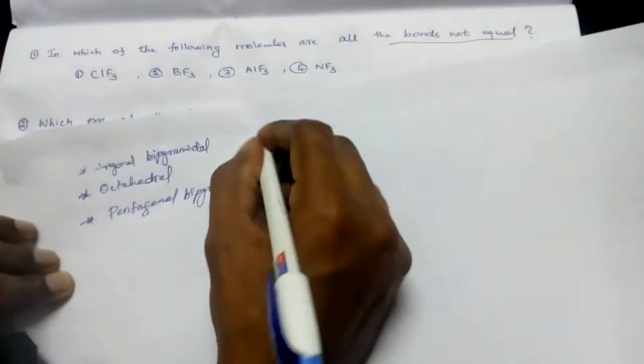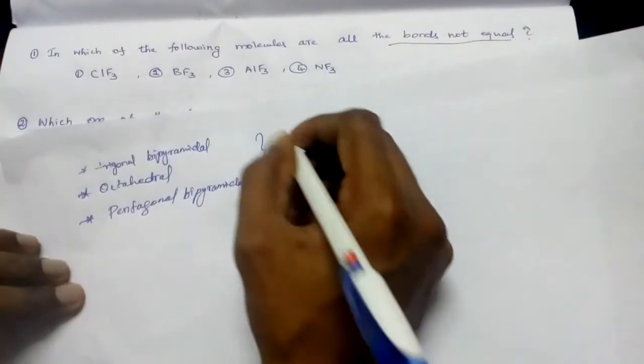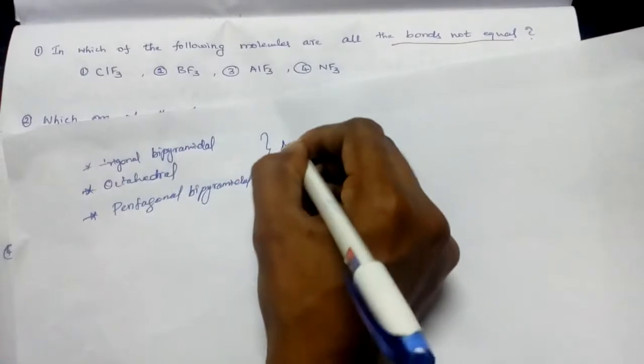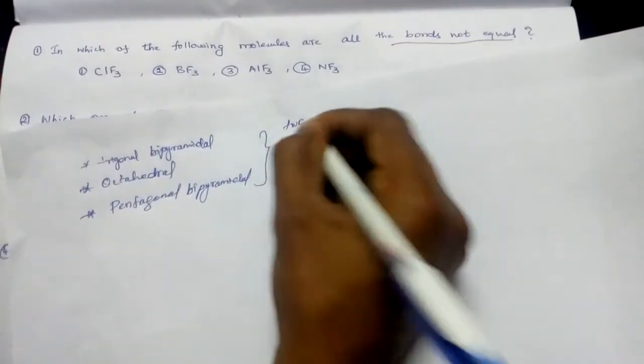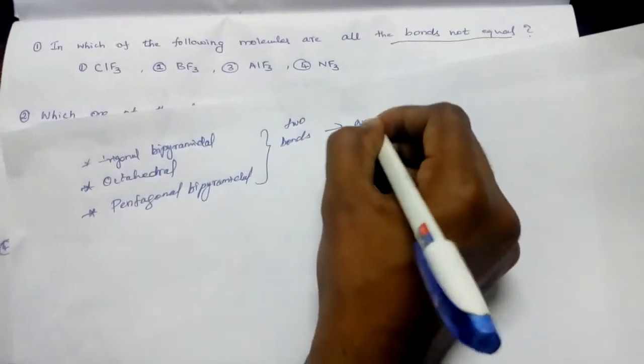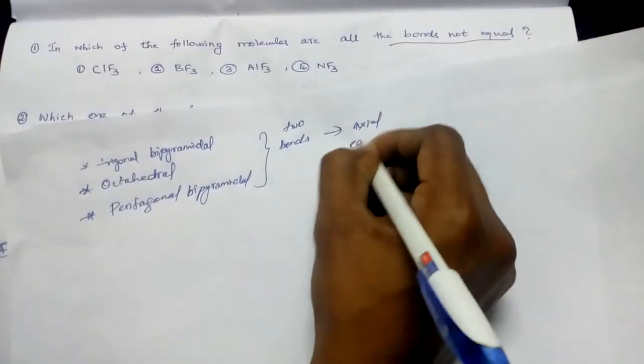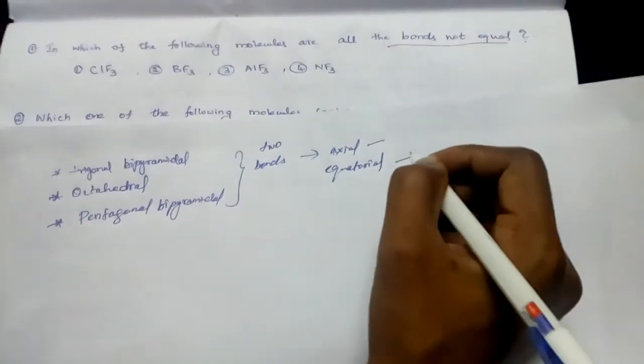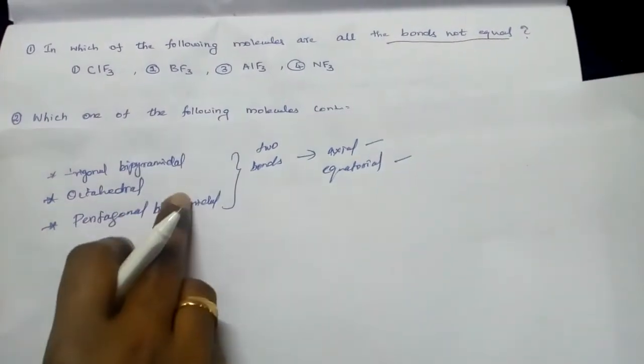These three geometries have two different bonds, axial and equatorial. The axial bond differs from the equatorial bond. So this is the clue here.